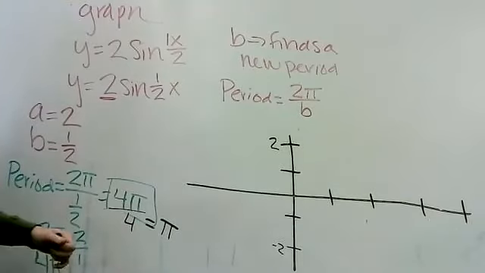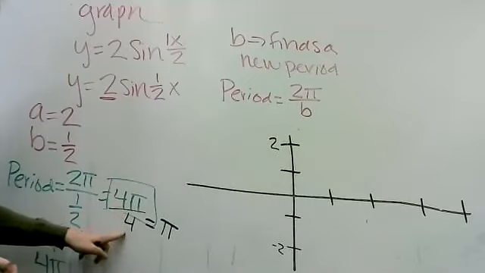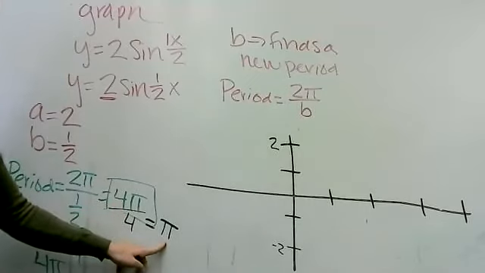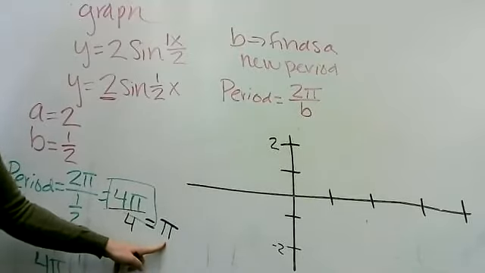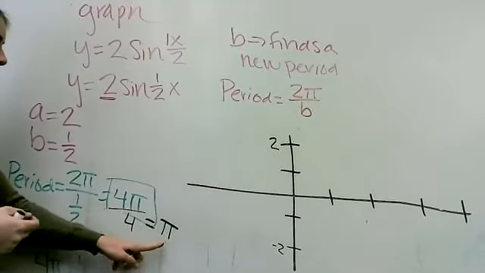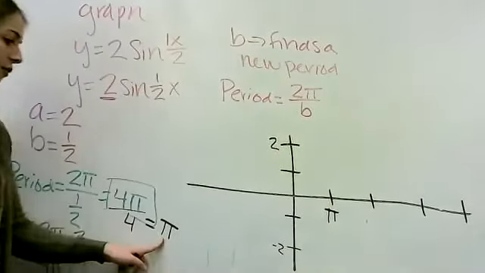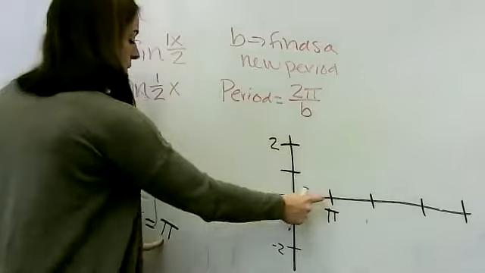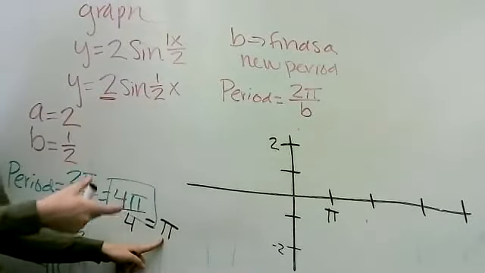Okay, so when you go to create these new division lines, you take your new period, divide it by 4 to get what each equal section should be. Now it's my job to go label this axis. I start out with pi because between 0 and this one should be a full pi length. So 0 plus pi equals pi.